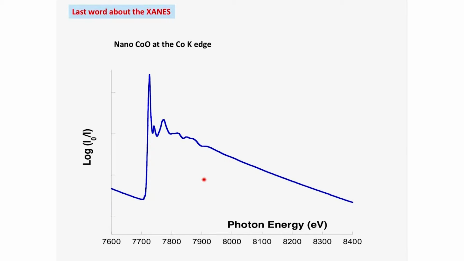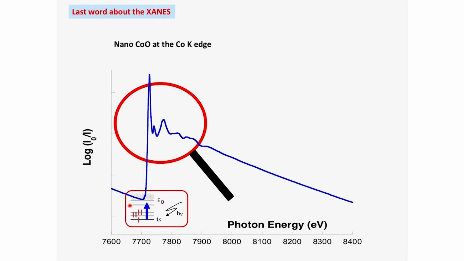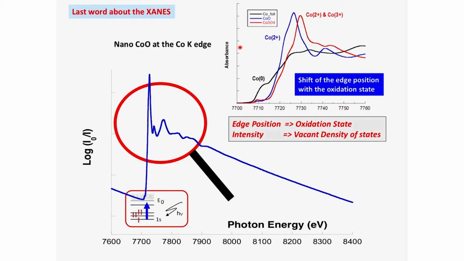Now, let me give you some words about the XANES part. The position of this rising edge here, that means the position of the 1s electron, is very sensitive to the oxidation state, and as you can see here with this plot, you have a shift of the edge position when you increase the oxidation state of the absorbing atoms.